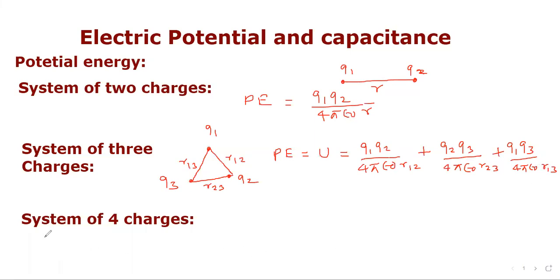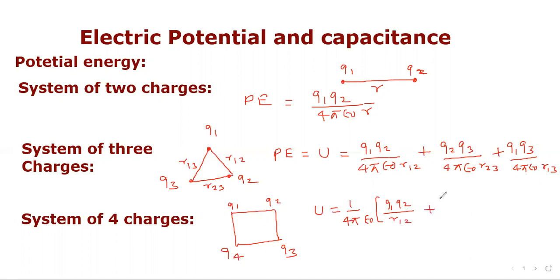Now, potential energy of system of four charges. Suppose four charges are there, Q1, Q2, Q3, Q4. So potential energy in this case will be, let's write 1 upon 4 pi epsilon naught outside. Then Q1 Q2 divided by R12 is the separation between the two charges.